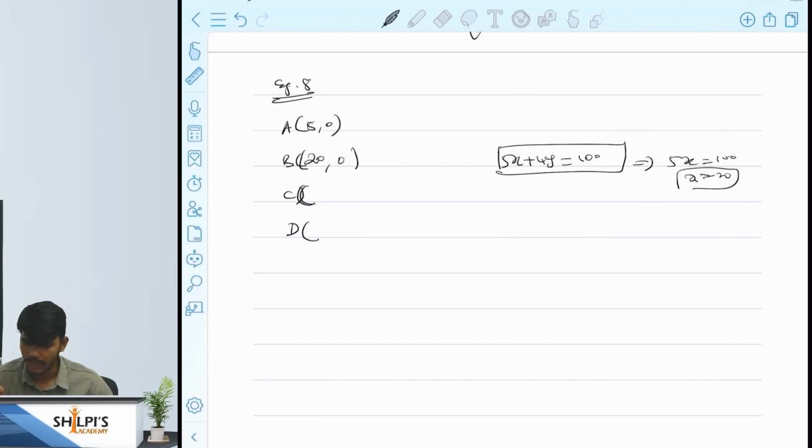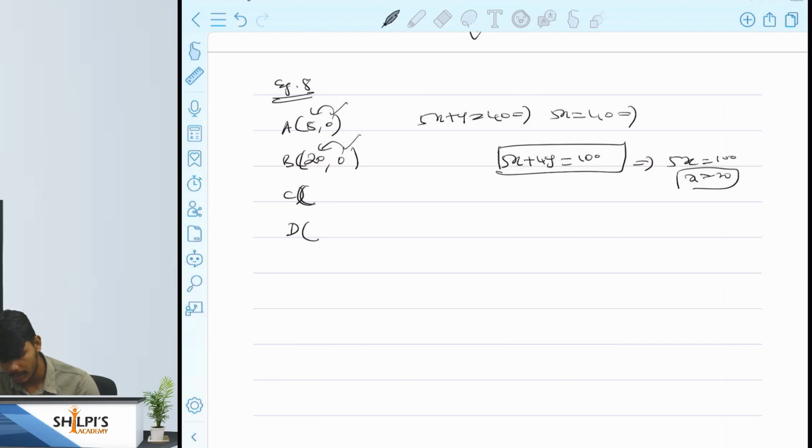So since A and B are each on two lines and those lines intersect the x-axis, I can take 0 as y, and I can find the x coordinate by substituting the value of y in that line which is passing through that point. So this is how I will get 8 comma 0, and this is how I will get 20 comma 0.